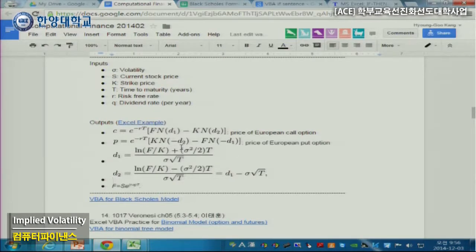Let's see, just in case. Let's say T1 and T2. So T1 and T2 are well defined.